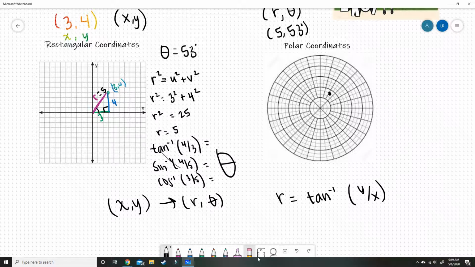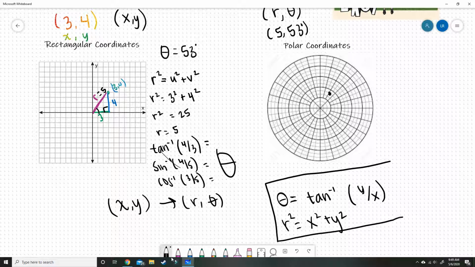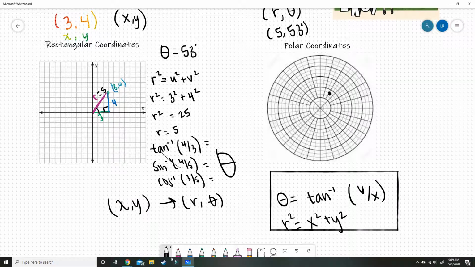No, r didn't. What am I talking about? Theta equaled, I hope you guys caught that. Theta equaled the inverse tangent of y over x, and r squared equaled x squared plus y squared. This is very important information. Put that in your notes, put that in your brain, and try to remember that. So that was a very quick introduction to rectangular coordinates and polar coordinates.